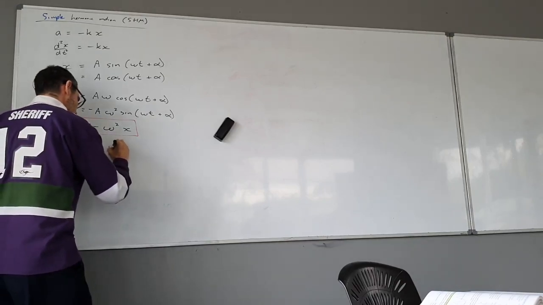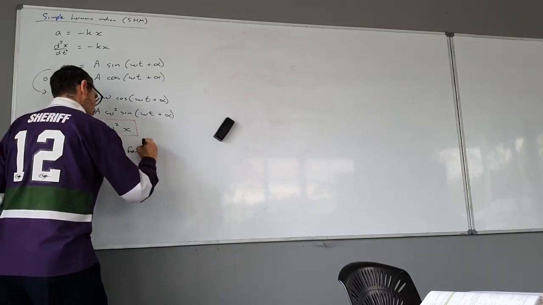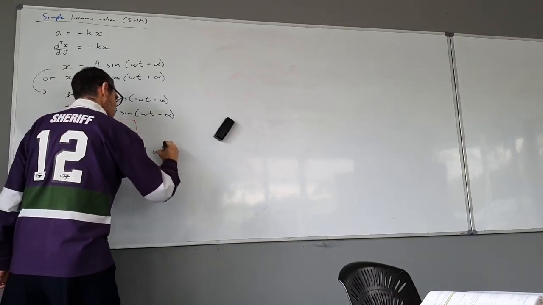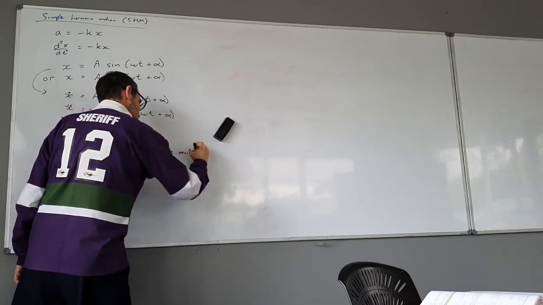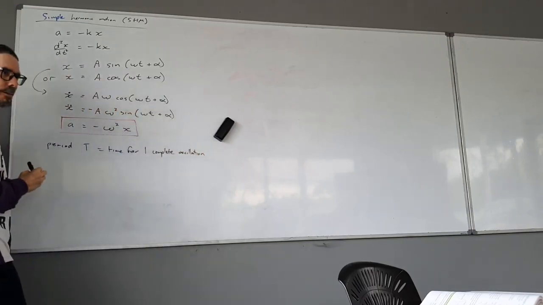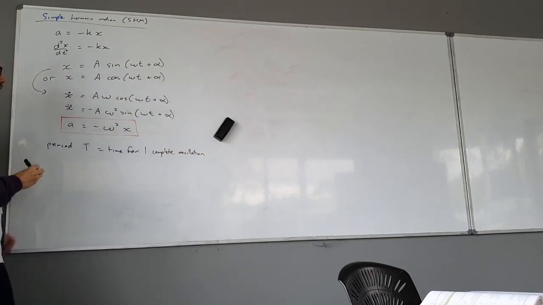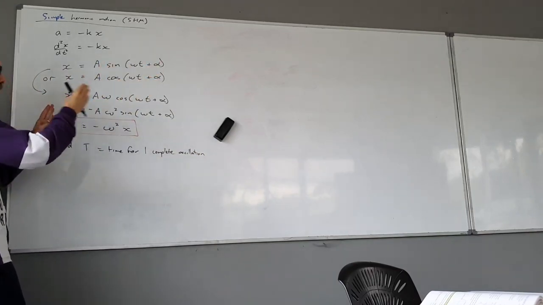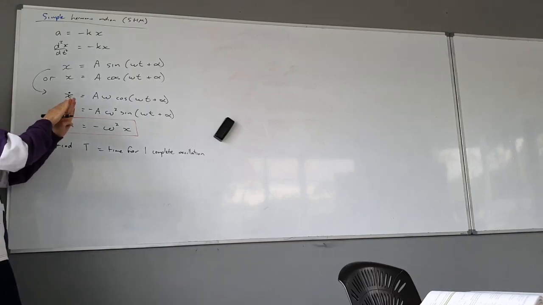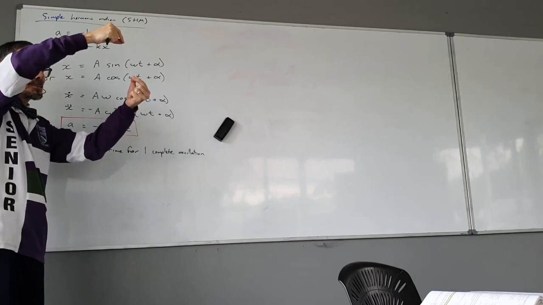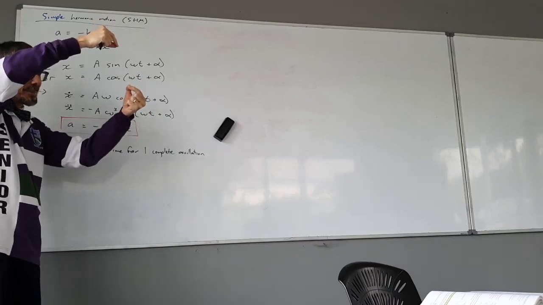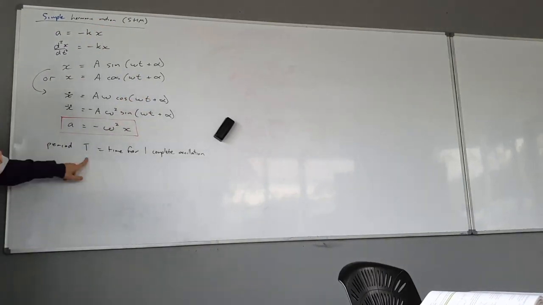T is the time for one complete oscillation. Cycle, call it whatever you like. How long it takes to go completely forwards and back to where it started. Think of the thing hanging on the spring: down, up, down, up. That's your cycle. That's the period.